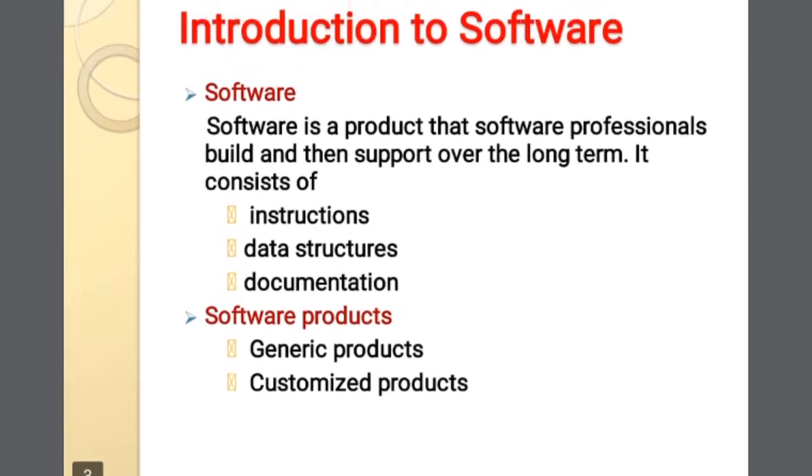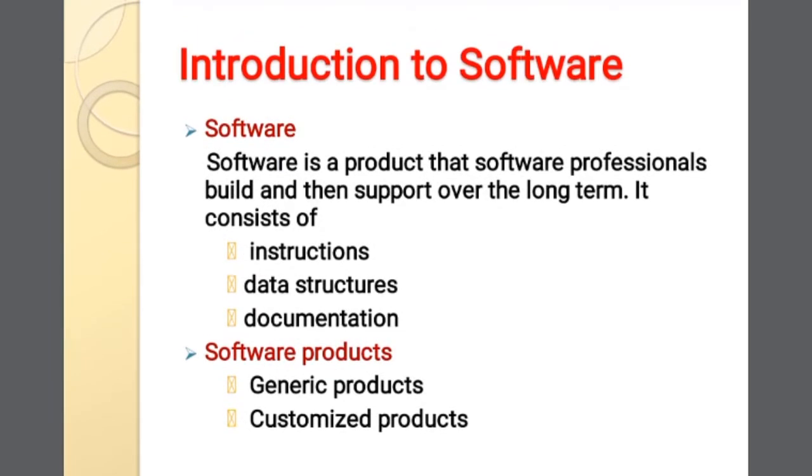By instructions you mean the programs that, when executed, provide desired results or performance. Data structures enable the programs to store and manipulate data. Documentation describes the operations and how the programs are used.